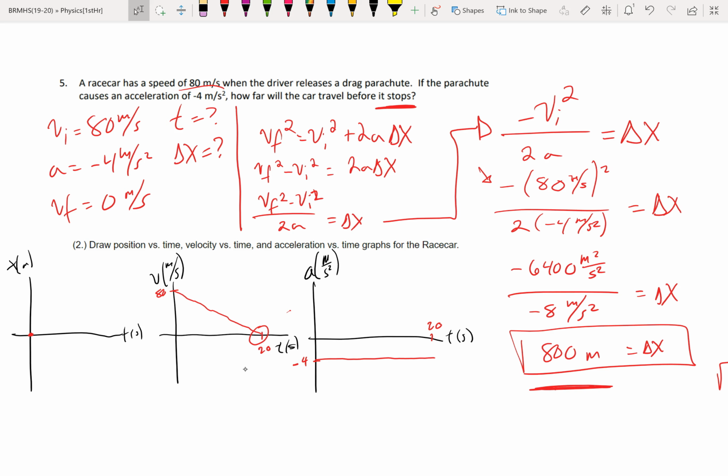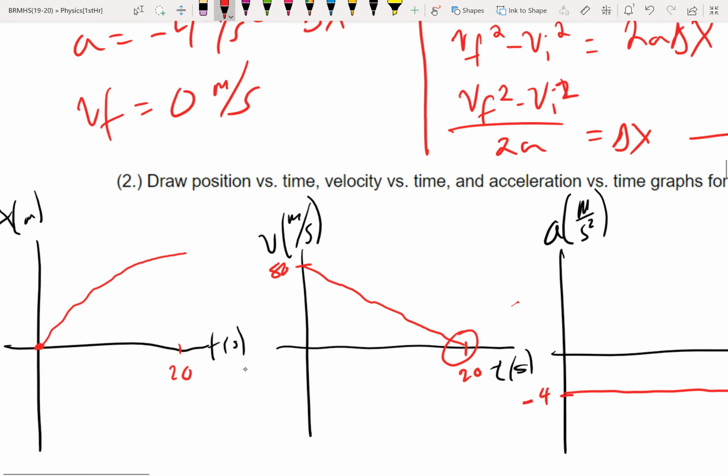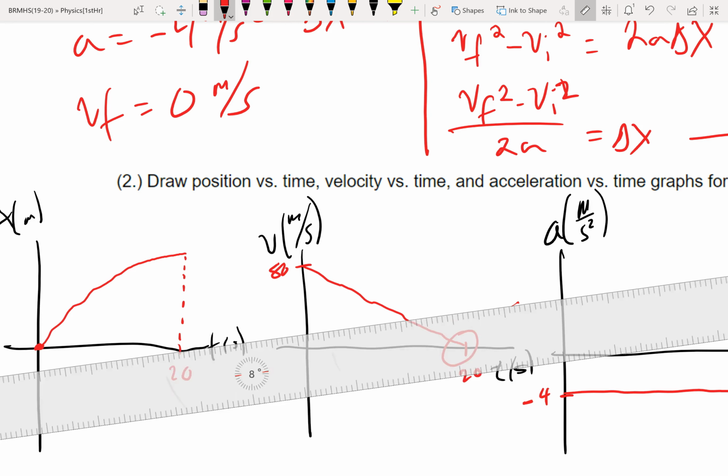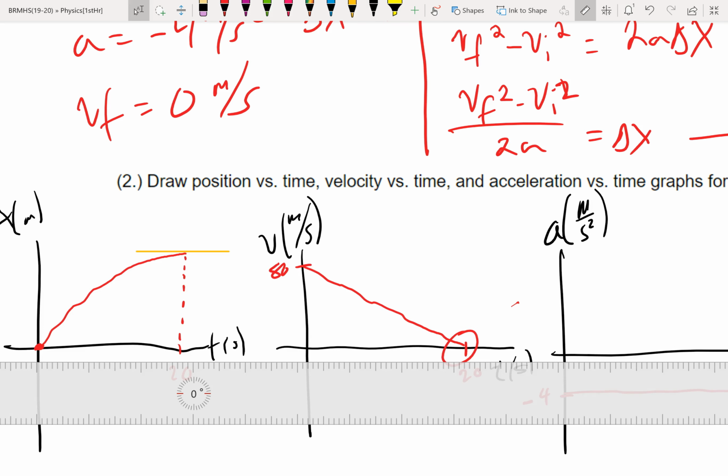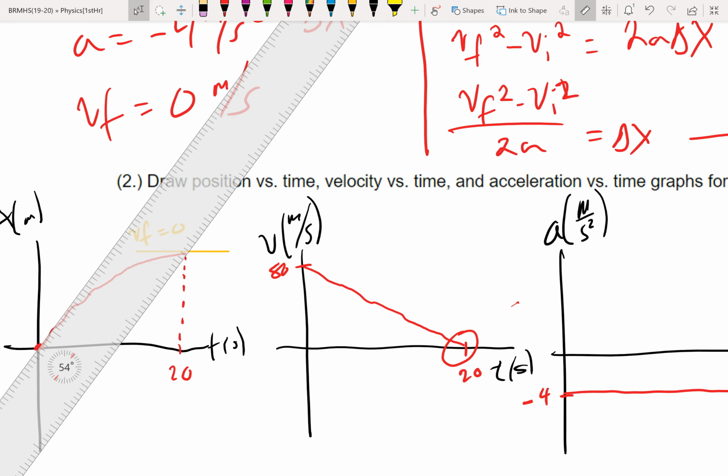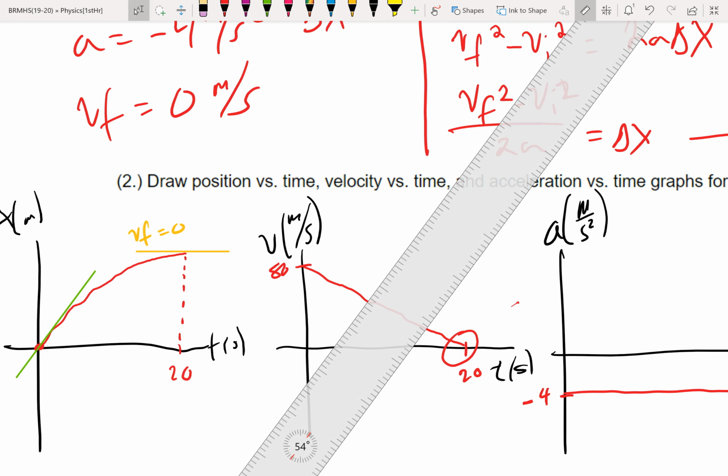So I need to be very steep and approach 0 at the 20 second mark. There's 20 seconds. Okay, so I'm doing my best to indicate that the slope here is 0. V final is 0. And then our initial velocity is this slope. That's our V initial is 80.